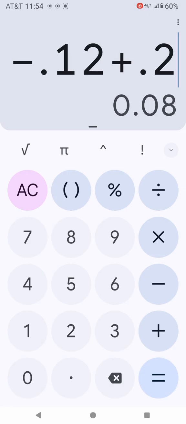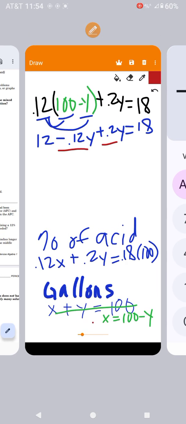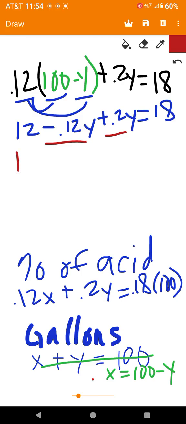I did that so wrong. All right, so that's going to be 0.08. So we have 12 plus 0.08y equals 18.